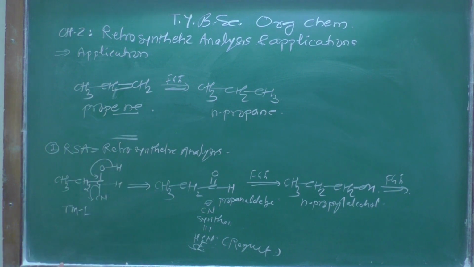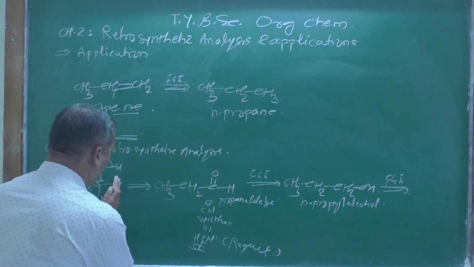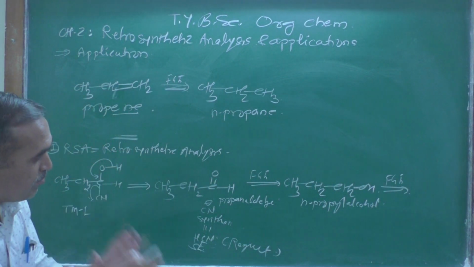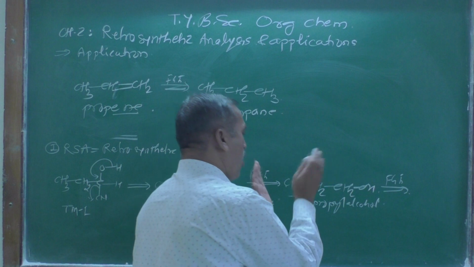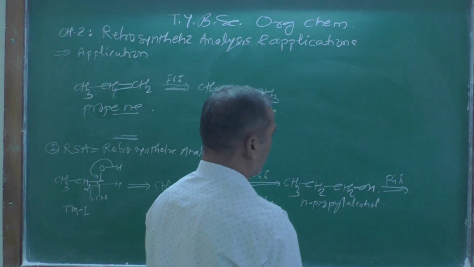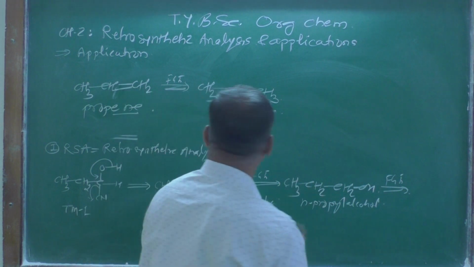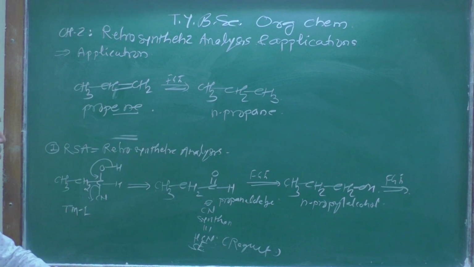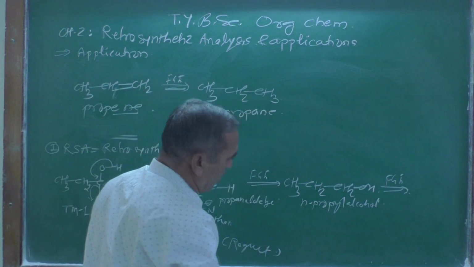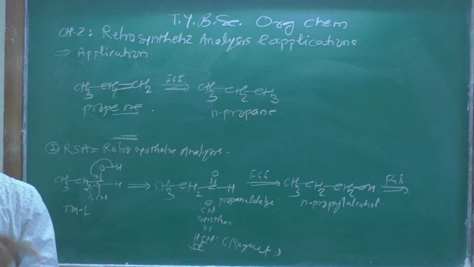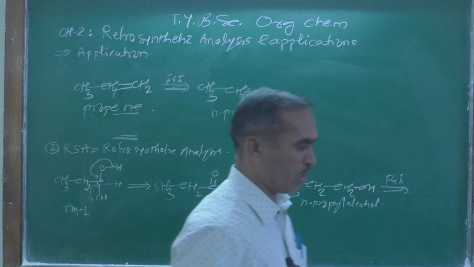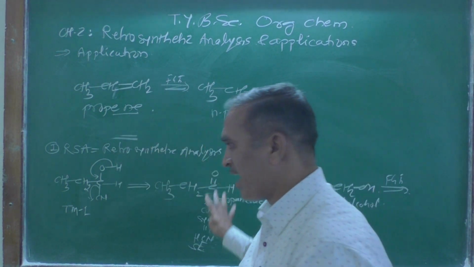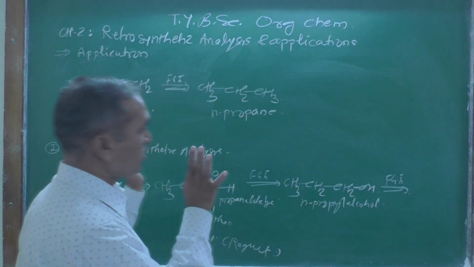The meaning of the disconnection arrow is that this target molecule could be made from this propanaldehyde, and that propanaldehyde could be derived from N-propyl alcohol, and N-propyl alcohol could be prepared from propene, and propene can be obtained from N-propane, a natural gas available in nature. So this is called retrosynthetic analysis. We have analyzed this compound in a simplified way.